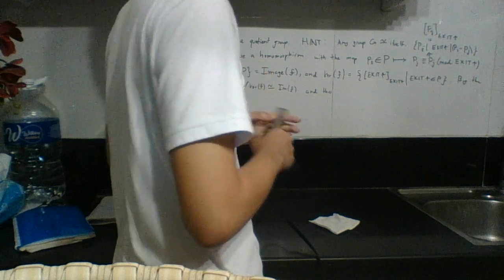Okay, so continuing, it does hold that P mod the singleton exit arrow, which I will just use as a symbol to denote this congruence class, is isomorphic to itself.